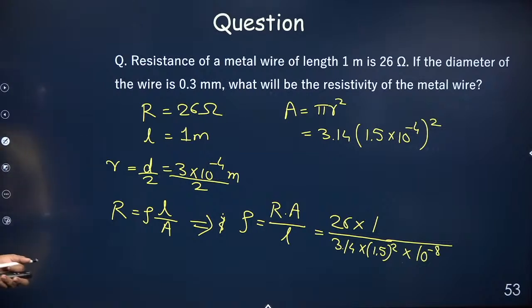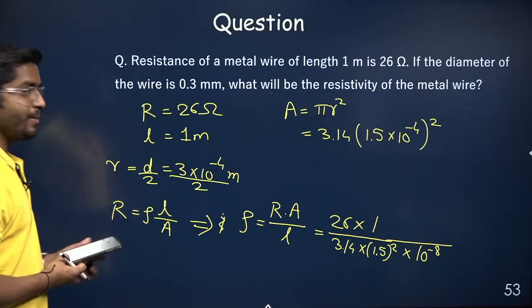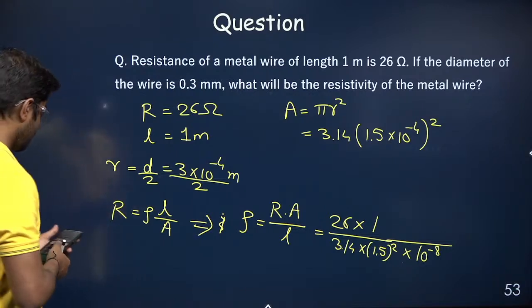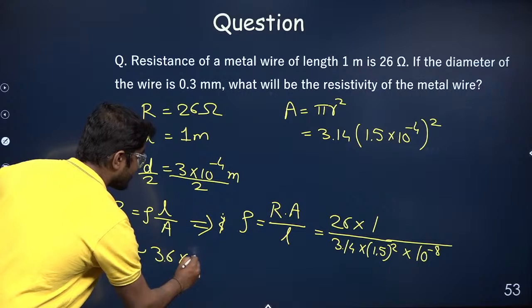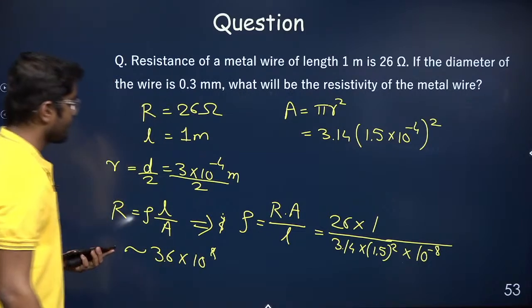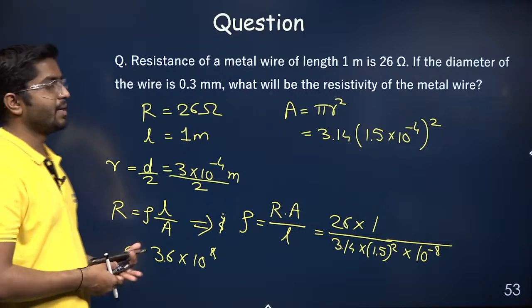So it comes out to be how much? Roughly it comes out to be approximately 3.6 into 10 raised to 8, correct? This is the resistivity of the metal wire.